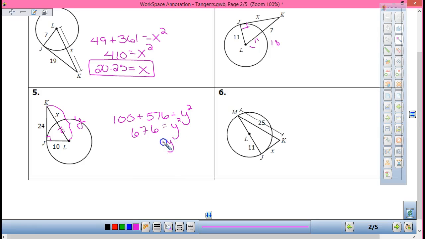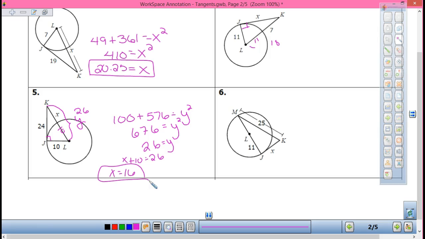What's y? 26? Okay, so if this whole thing is 26 and this guy's 10, what does x have to be? 16. Because x plus 10 is going to give us 26, and x is going to give us 16.